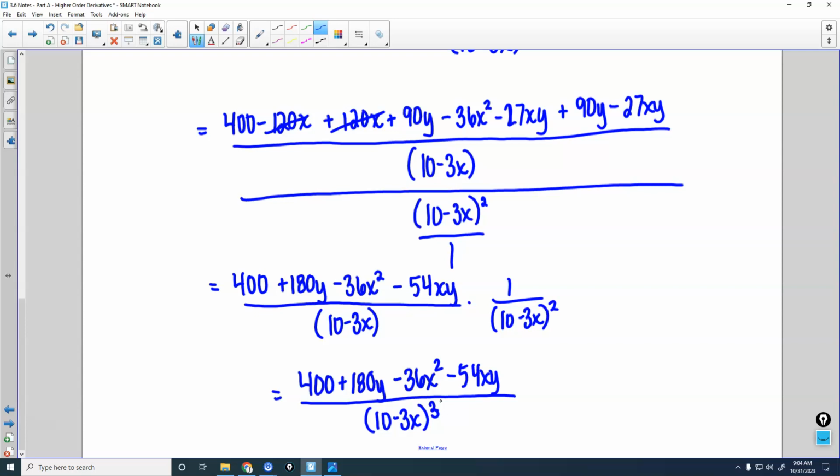No. Might just be 2. 3? I don't think 3 will go into 400. Either way, they might take it out. Certainly, if you get this far, you should be able to match it to an answer choice, because if they have taken out a greatest common factor, I think 2 is probably the biggest number that will come out of this. So that will be about the best you can do.